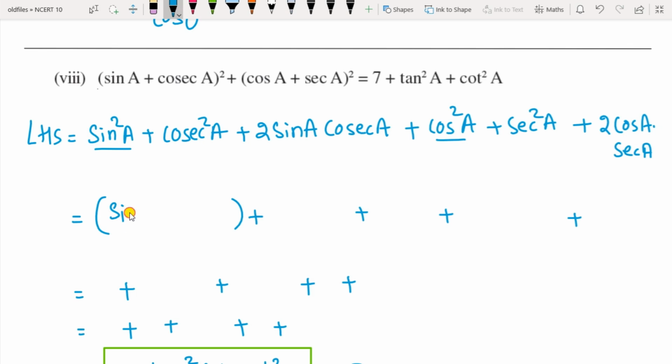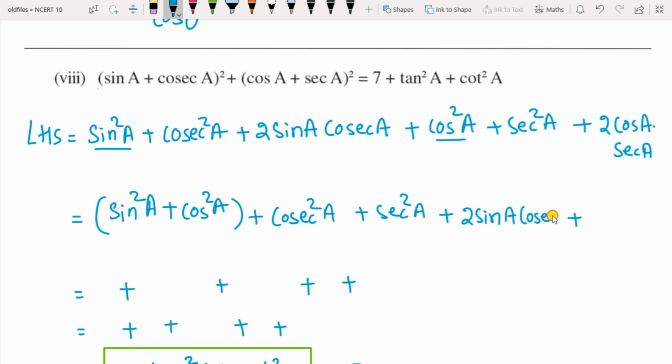So it will be sin square A plus cos square A plus cosec square A plus sec square A plus 2 into sin A cosec A. Now in place of cosec A, we can write 1 upon sin A. Then this term is remaining, 2 cos A, and in place of this sec, we can write 1 upon cos A. Right?